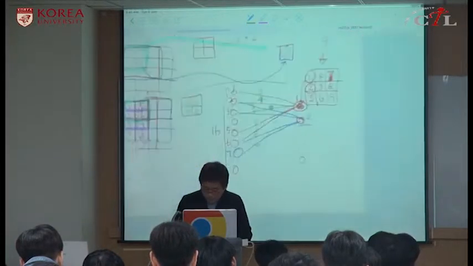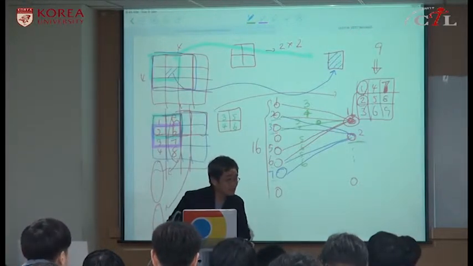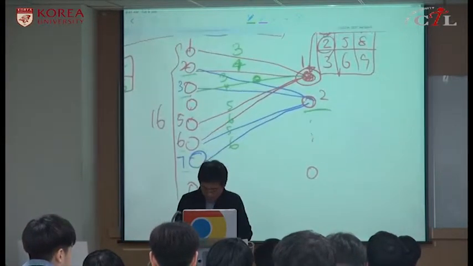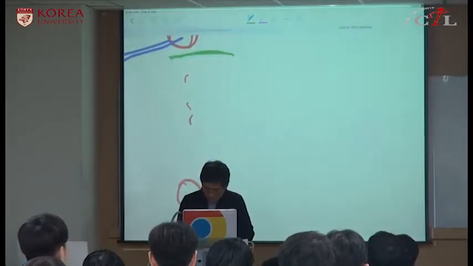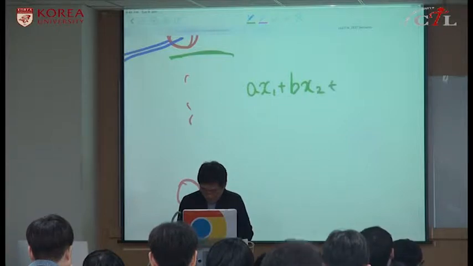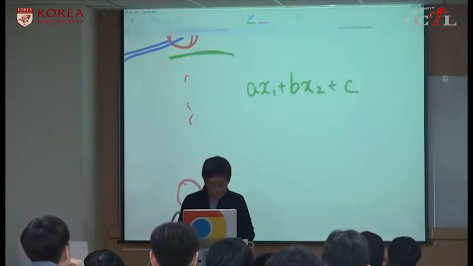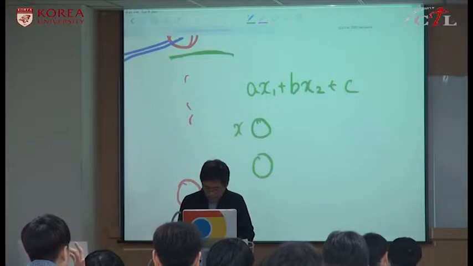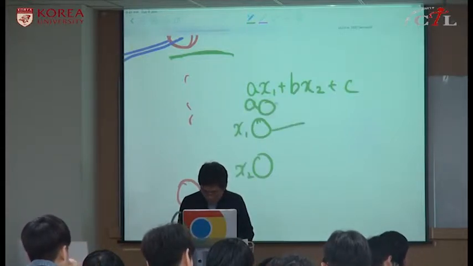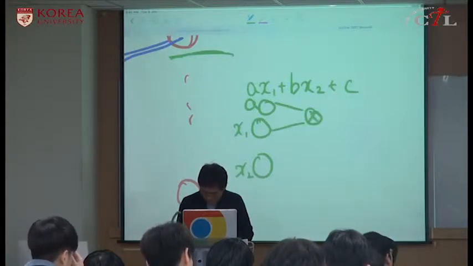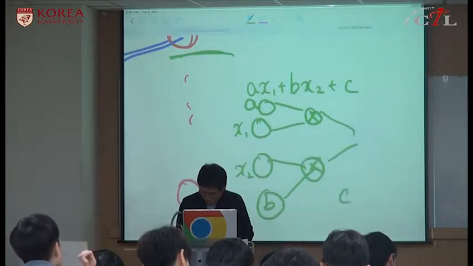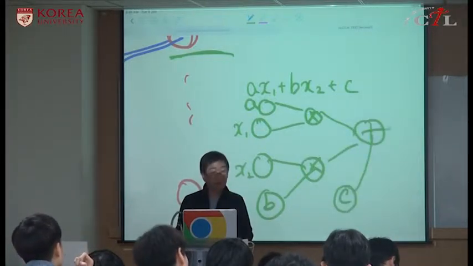So more exactly, this fully connected layer can be drawn in this form. So in the case of this linear combination, we can draw this computational graph in this form. Right?